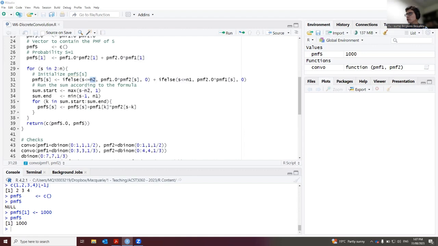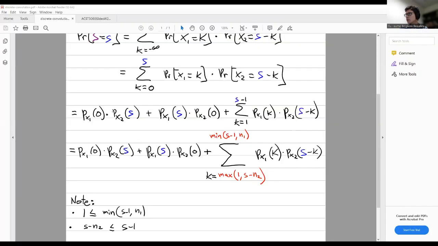Let me just go back for a second in my PDF. I'm just implementing this part, PMF1 of 0 times PMF2 of S, and PMF1 of S times PMF2 of 0. This is what I'm doing in this first step.